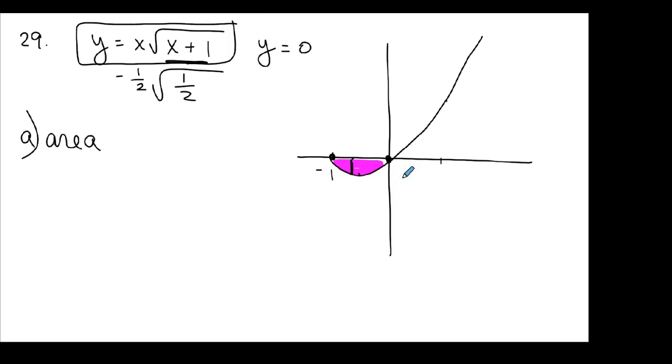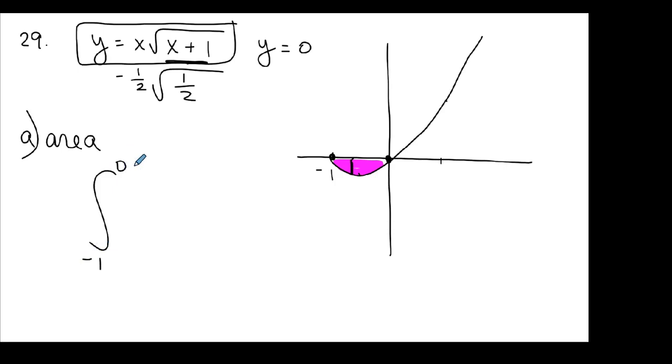So what I'm doing is dividing that region into an infinite number of rectangles, finding the area of each one, and adding them all together. The adding them all together is the integration from where they start to where they stop.